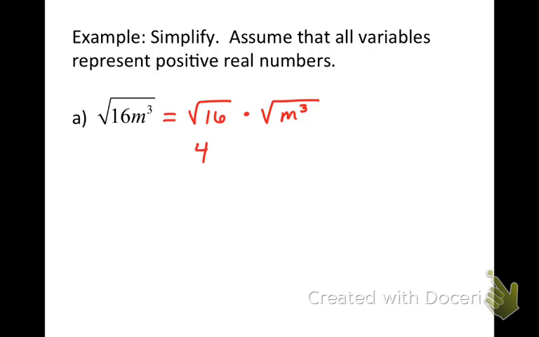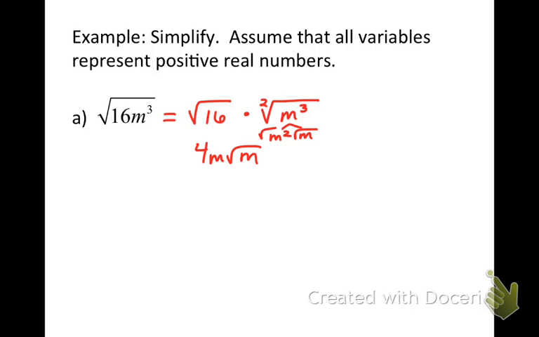All right, so now we got to simplify m to the third. My index is 2. How many times does 2 go into 3? Once, right? So this is kind of the same as m squared times m, right? Because you add exponents. And if you take the square root of each of these, the square root of m squared is an m, and then I would be left with a square root of m.